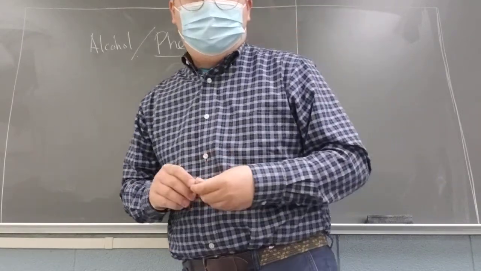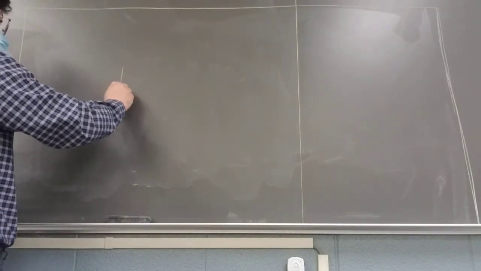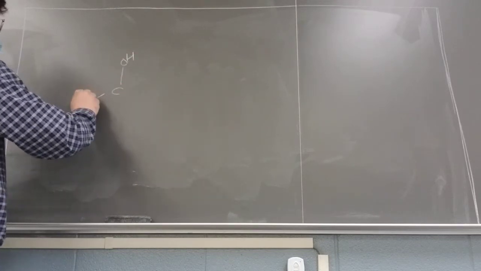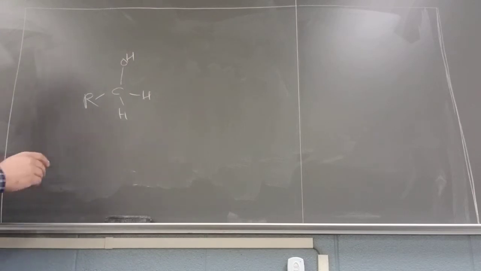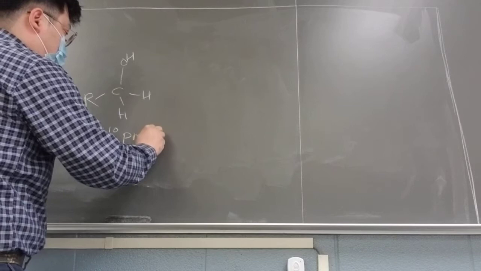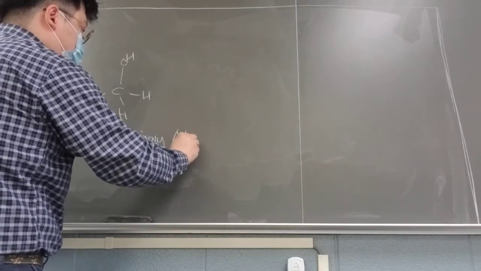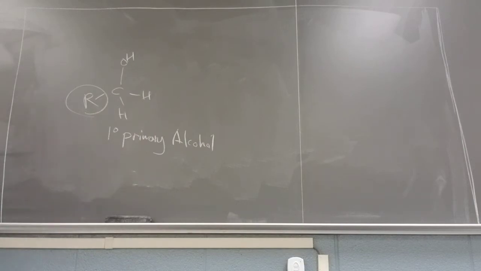All right, so let's try to do the nomenclature again. Whenever we try to name an alcohol, first I just want you to know this. Before we get into the nomenclature, this is a primary alcohol because there is only one R group over there.